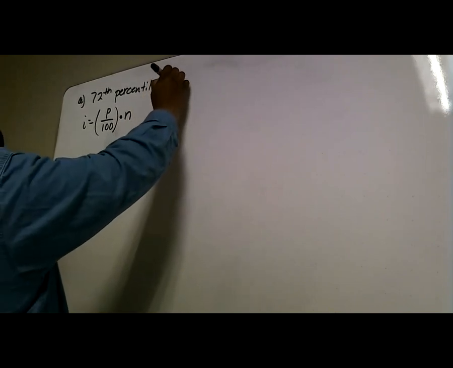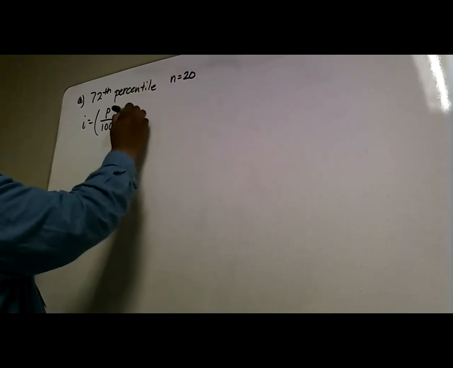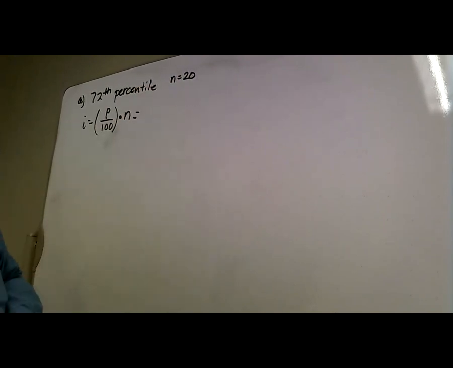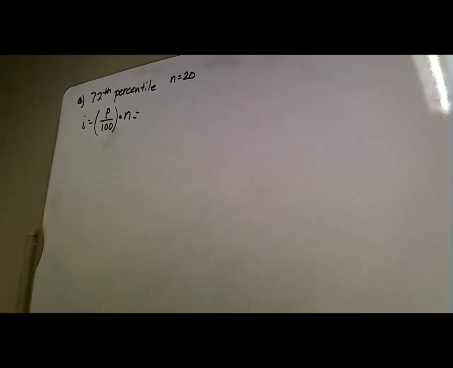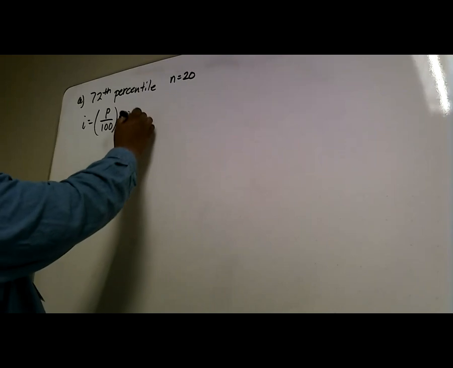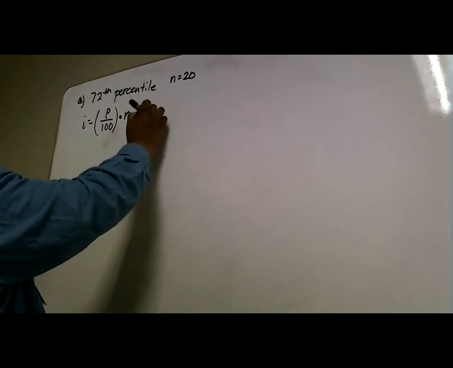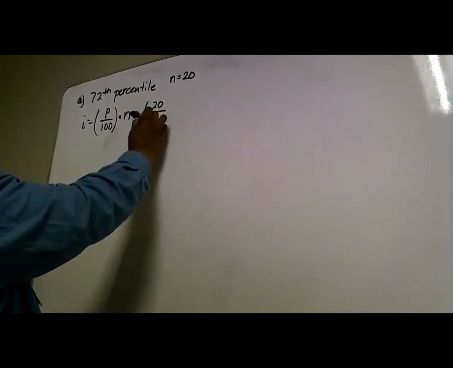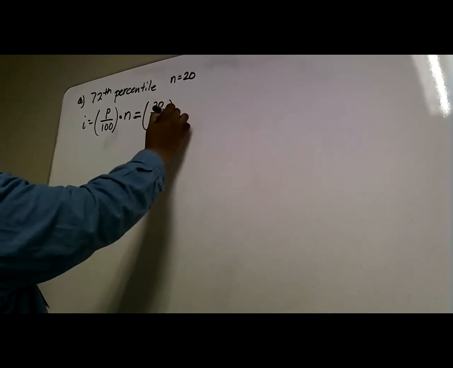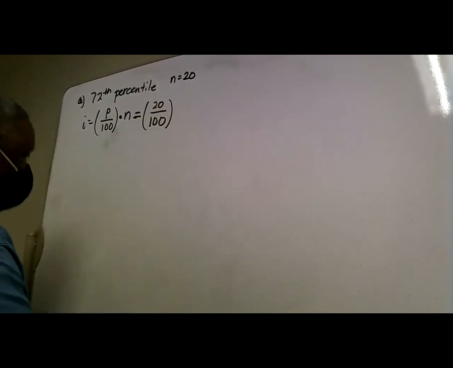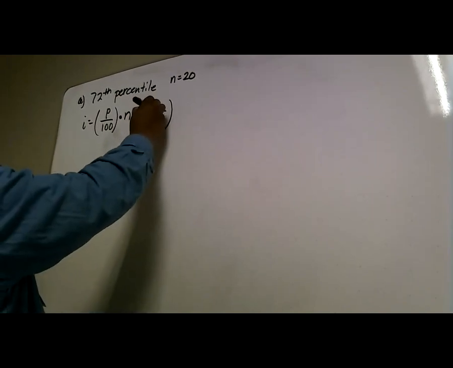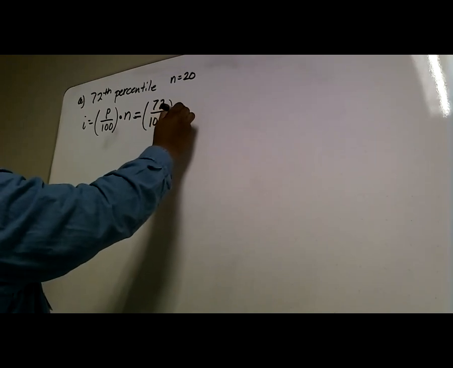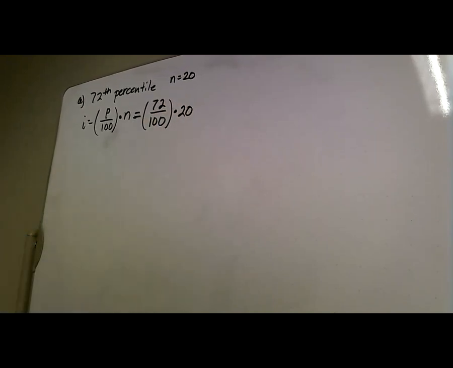So that N is equal to 20. Take that off to the side. And then we just substitute those values into this formula for finding the position. Here, your P is 72. Your N is 20. So it'll be 72 divided by 100 times 20.